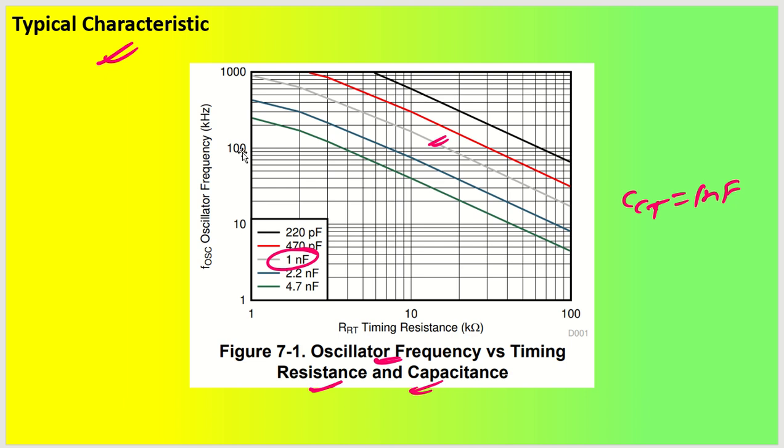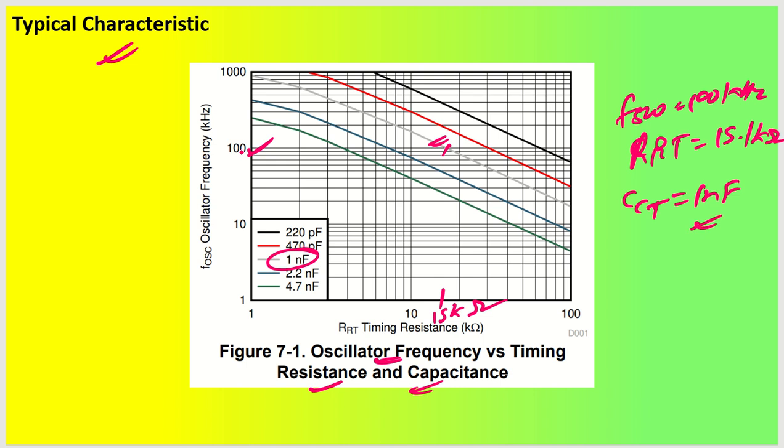So let us say if you want to use 100 kilohertz switching oscillator frequency, then it will be this point, and if you directly plot it here, it is going to be around 15 kilo ohm. So you are going to see FOSC will be 100 kilohertz, my RRT will be 15.1 kilo ohm or something, and CCT will be this, and this is how your output switching frequency will be 100 by 2, that is 50 kilohertz. So this is my oscillator frequency FOSC, and this will be my FSW. Understood? So this is going to be FOSC, that oscillator pin frequency.